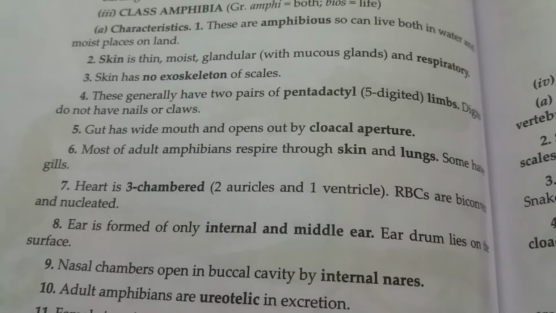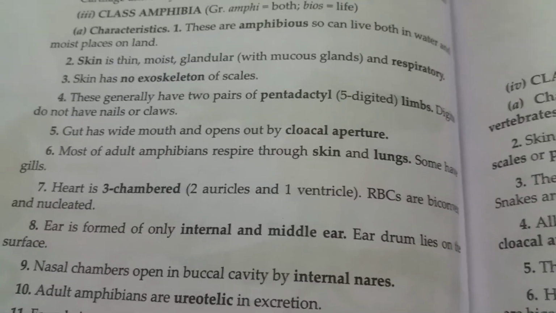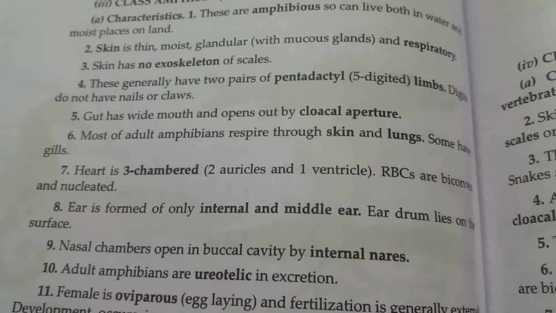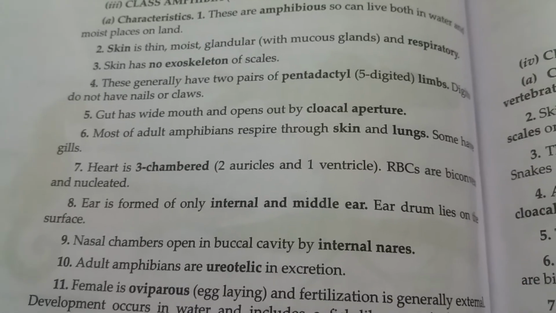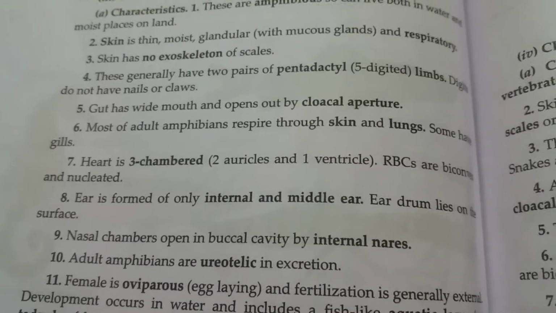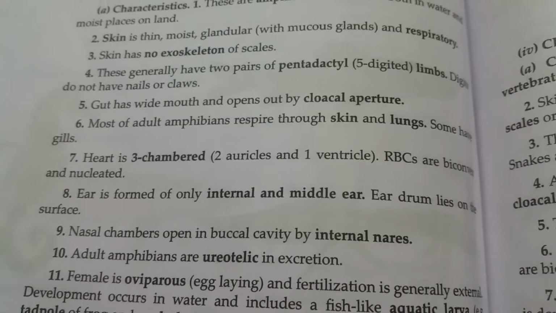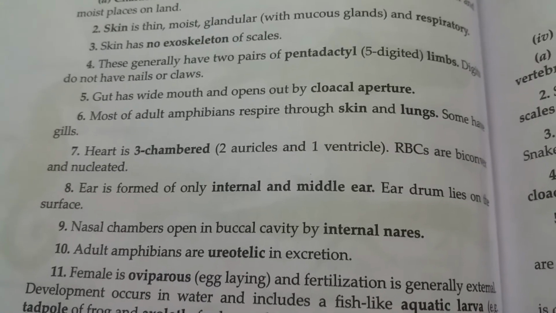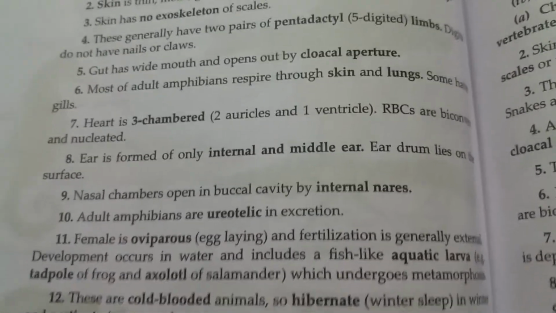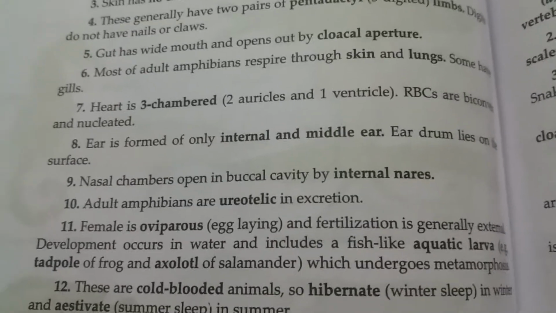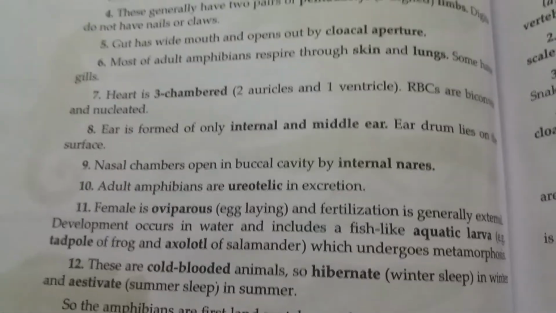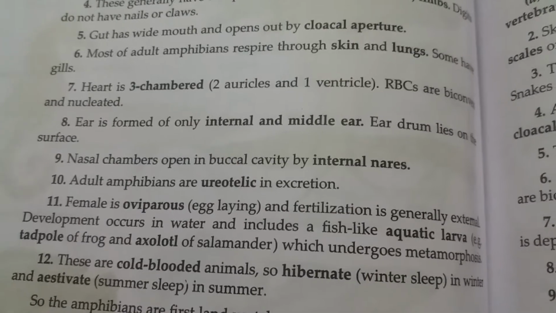Digits do not have nails or claws. Gut has a wide mouth and opens out by cloacal aperture, means two openings are present, mouth and cloacal aperture. Most adult amphibians respire through skin and lungs. These are amphibians, so they respire through skin as well as lungs.